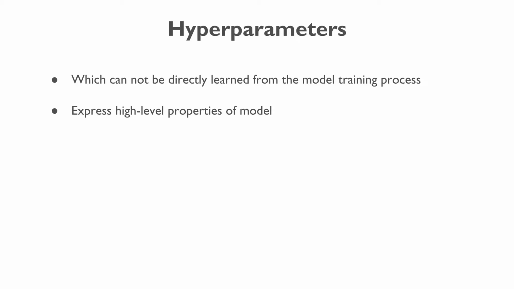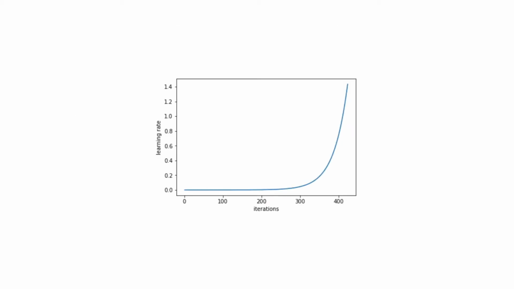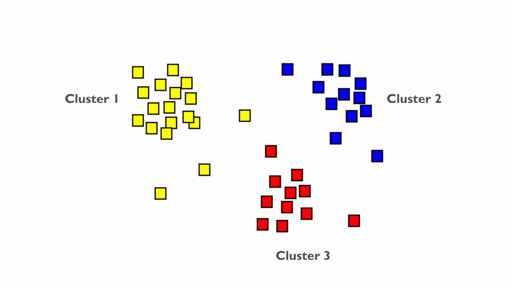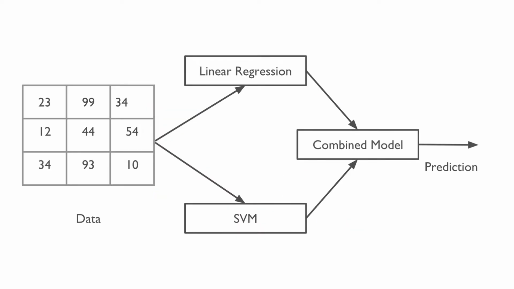These parameters, called hyperparameters, express higher level properties of the algorithm, such as the learning rate, meaning how fast or slow the model should learn, the number of hidden layers in a deep neural network, and the number of clusters in a k-means clustering.